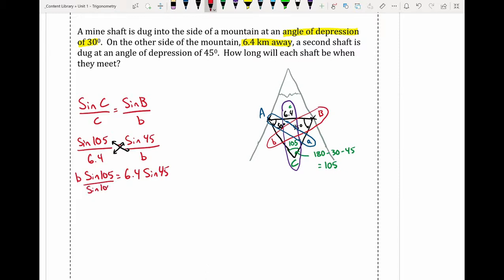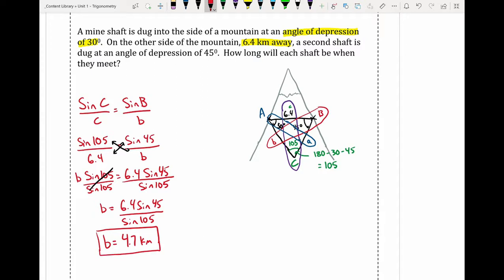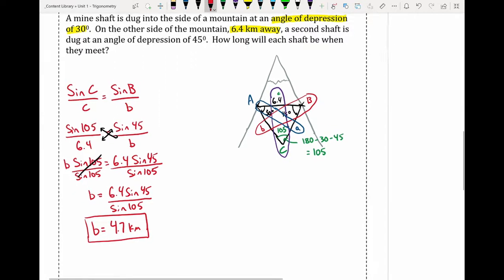So sine 105, divide on the one side, divide on the other side, cancels out, and you're left with b equals 6.4 times sine 45 divided by sine 105. This just becomes a calculation on your calculator, and you should get roughly 4.7 units, which is the distance of the first shaft.